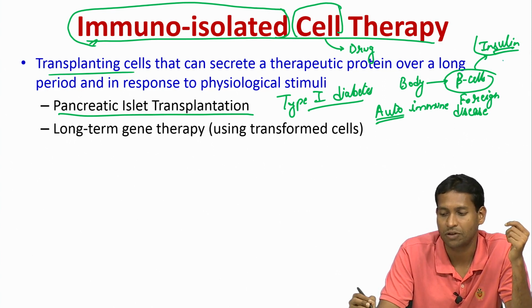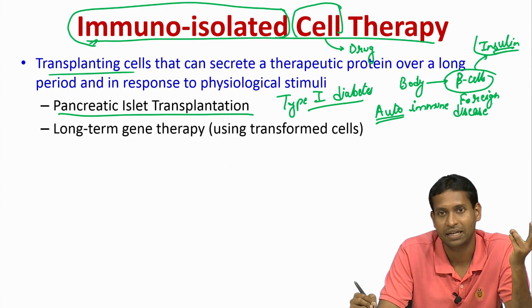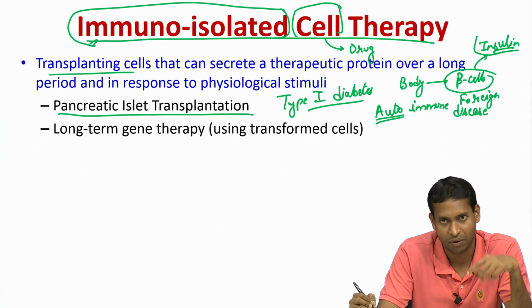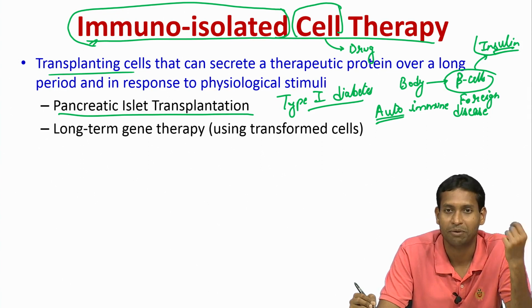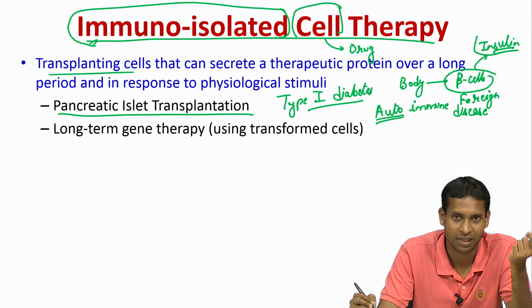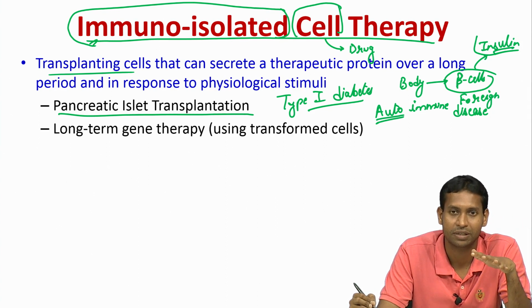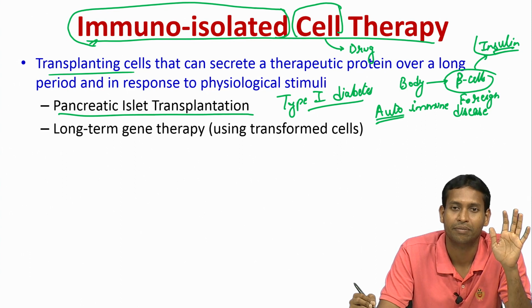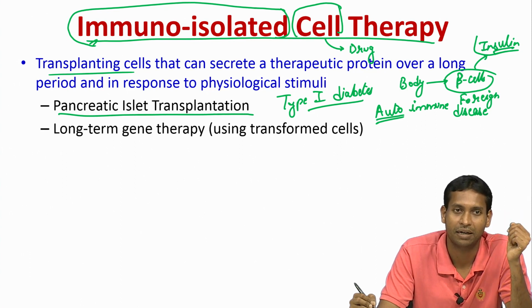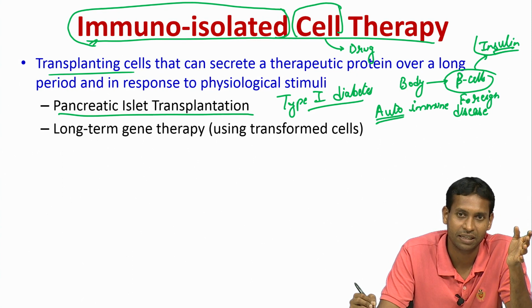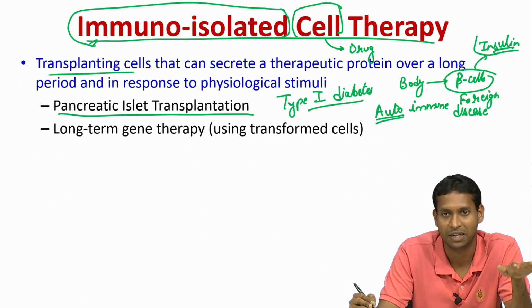So what is done for these patients? There are two routes. Either you keep on taking insulin regularly, so every time you eat you have to take an insulin dose to make sure that the glucose you are taking in gets metabolized, or you can put cells in them, because obviously the original cells have been destroyed.